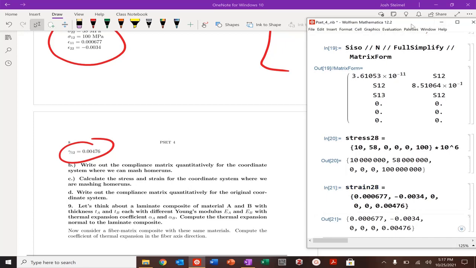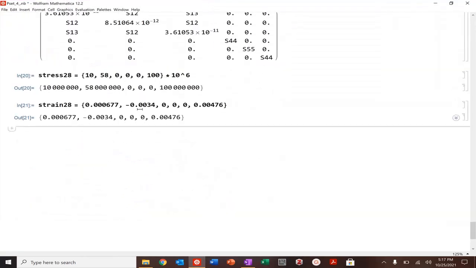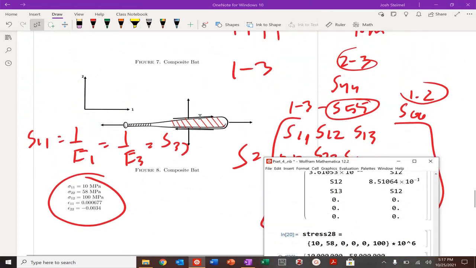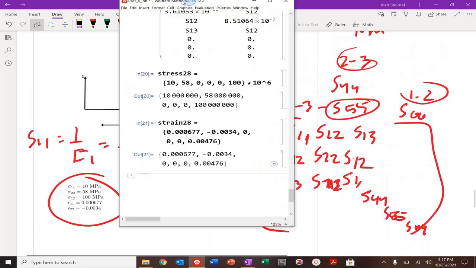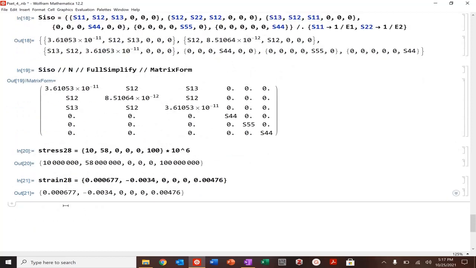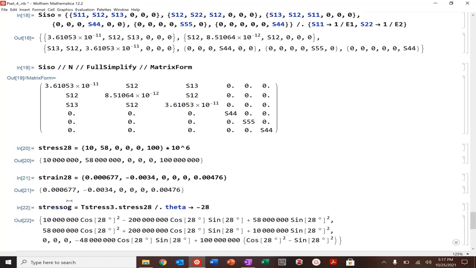So there we go, that's my strain, and again, we are in the 1-2 plane. So if we need to rotate, we're going to rotate around that axis. So let's see what we need to rotate back. My stress OG is going to be equal to T stress 3 dot stress 28, and we're going to rotate clockwise 28 degrees, slash dot theta goes to minus 28.